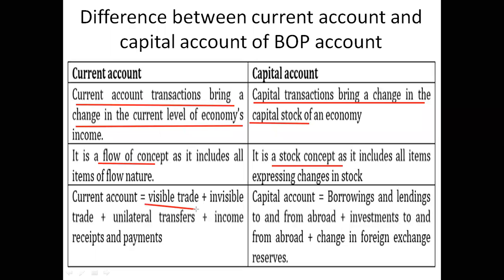Current account के components क्या क्या हुए? Visible trade means goods, merchandise items. Invisible trade means services. Unilateral transfers means one-sided transfers. But what is all included in capital account?